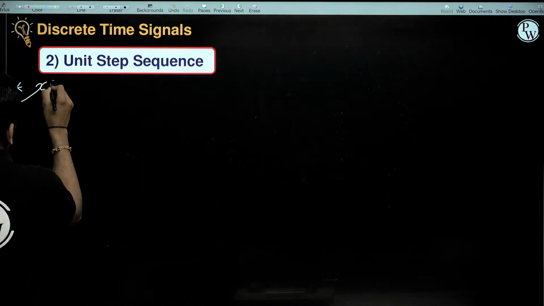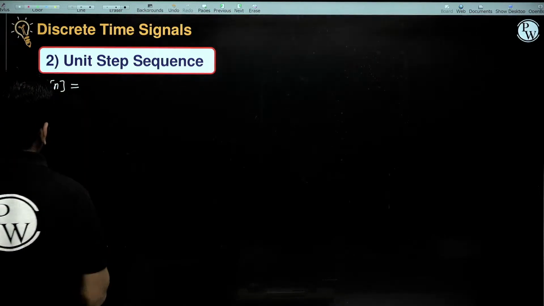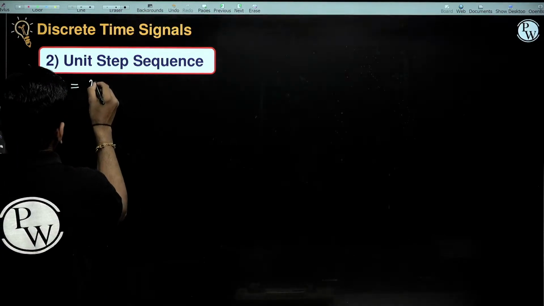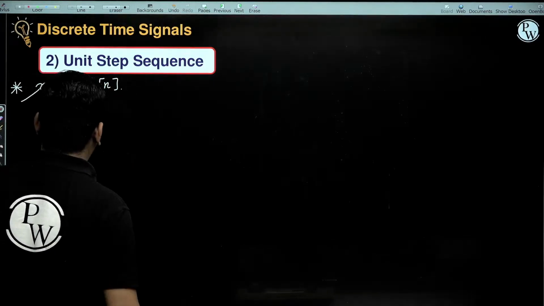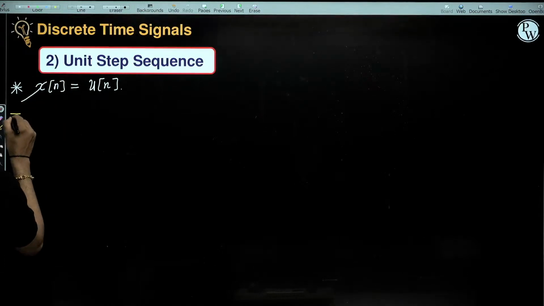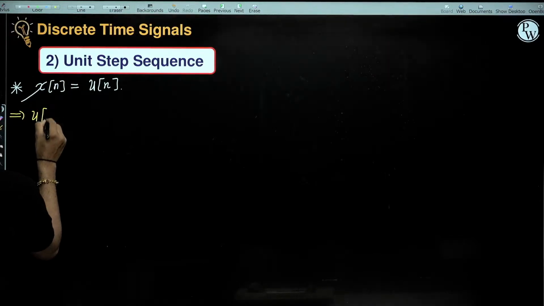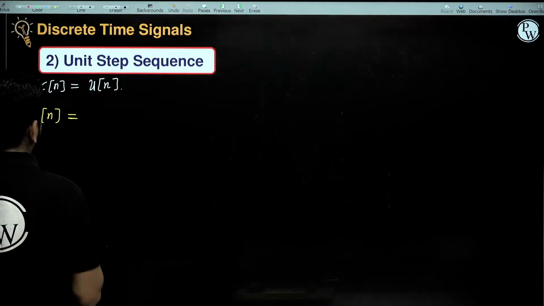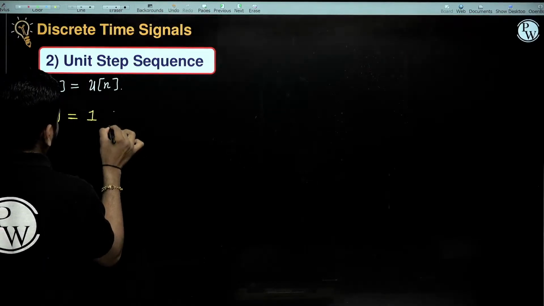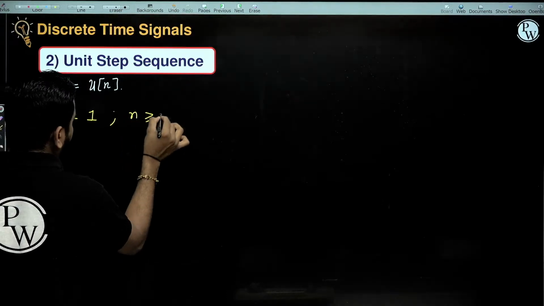So here x(n) is equal to u(n), instead of u(t) now u(n). So this u(n) is equal to 1 for n greater than or equal to 0.